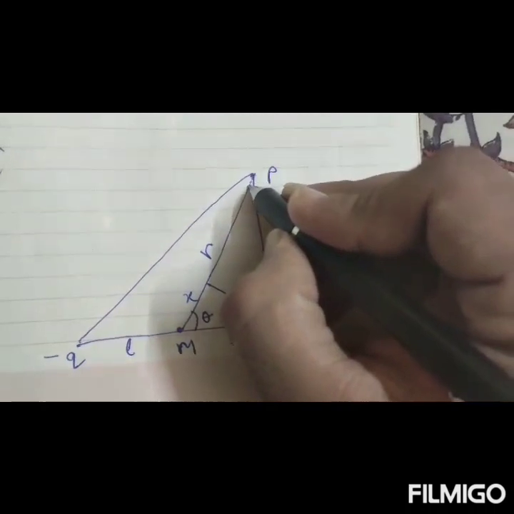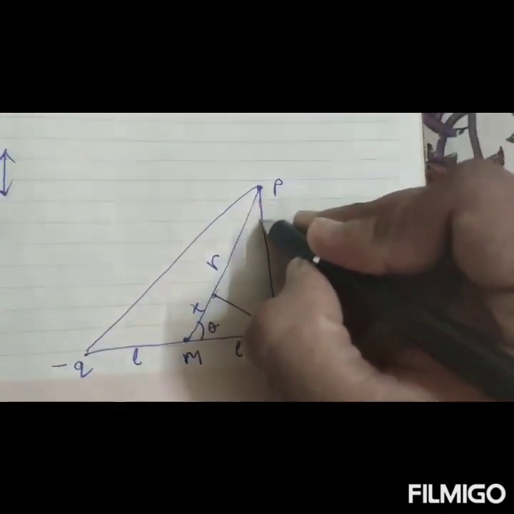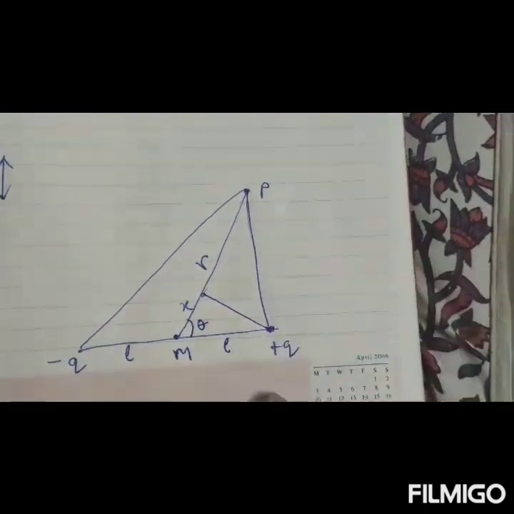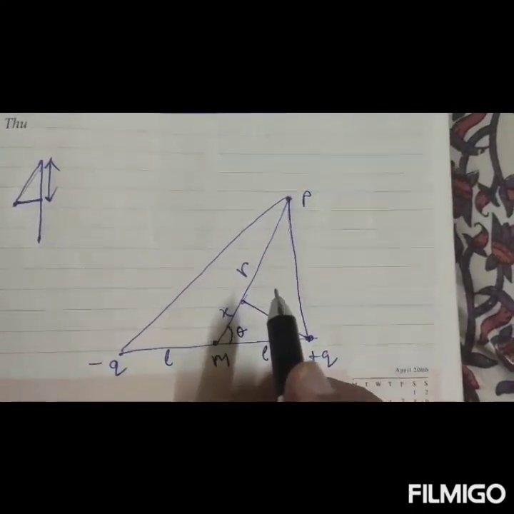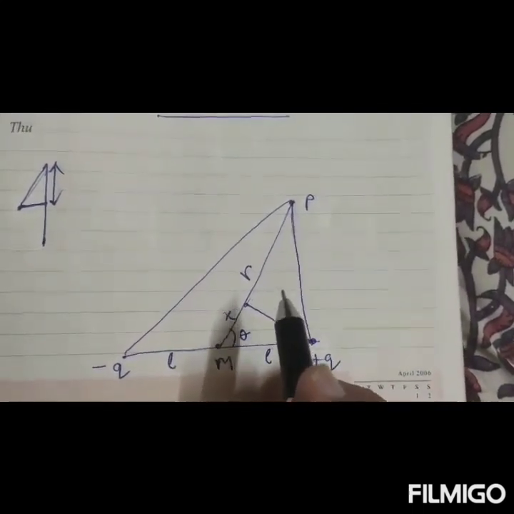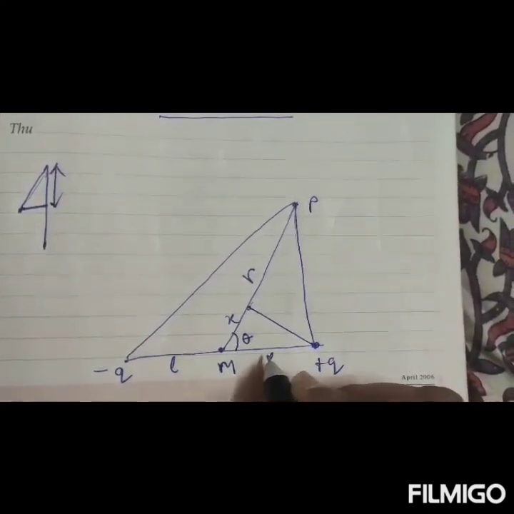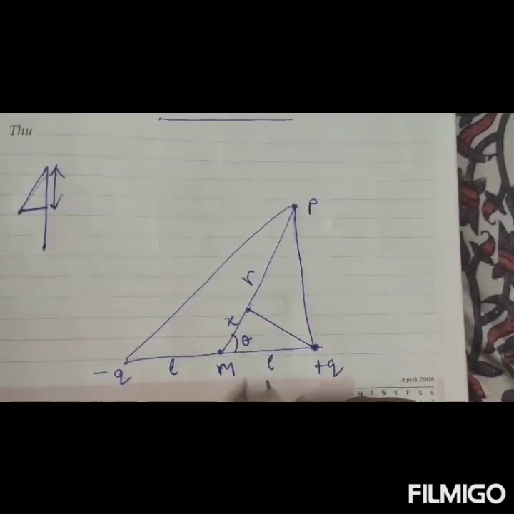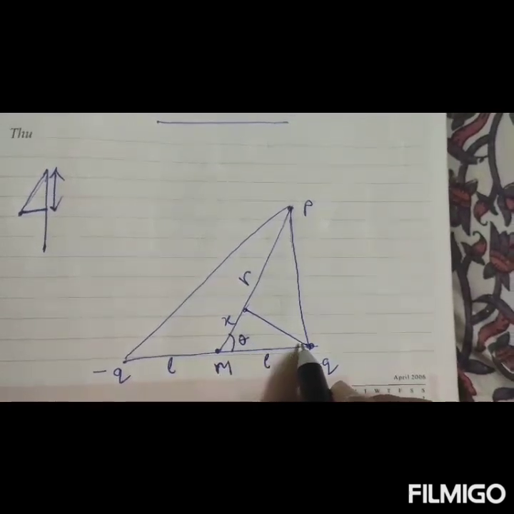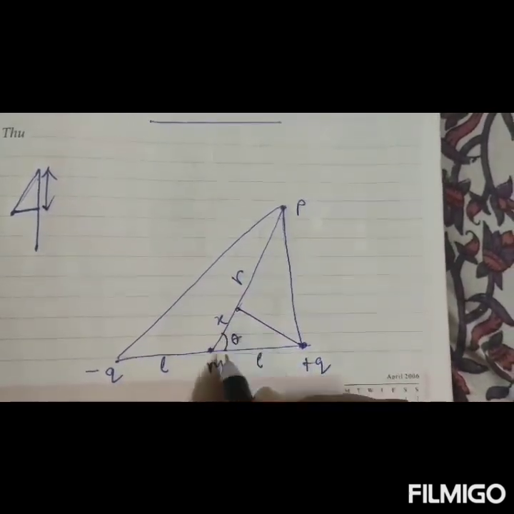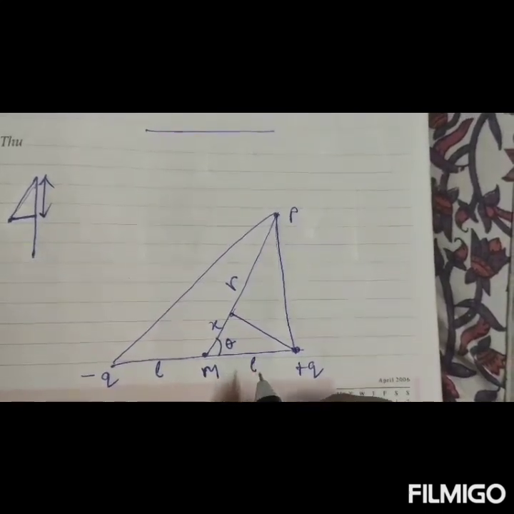Now this line is equal to this line. You can assume this because your dipole is a very small quantity. So if this is L, this is x, and this one is 90 degrees, what is base upon hypotenuse? x upon L is equal to cos theta.